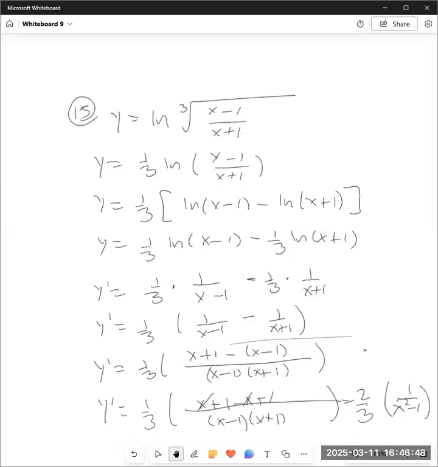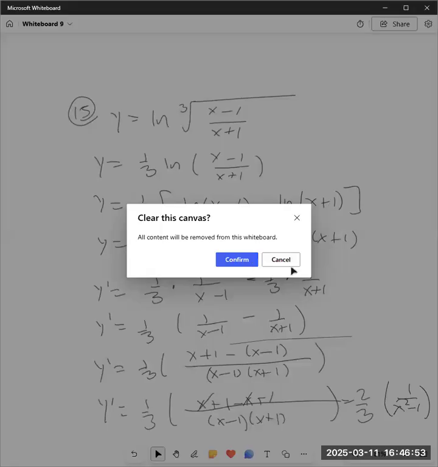Let's look at number 19. It says that g of x is equal to e to the negative x times ln of x.